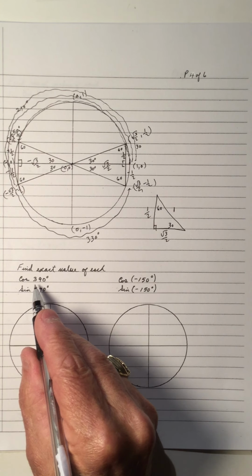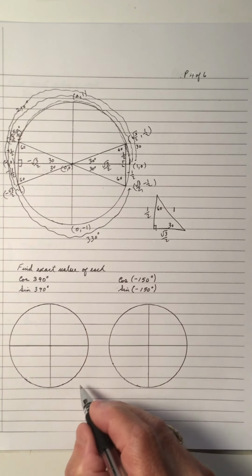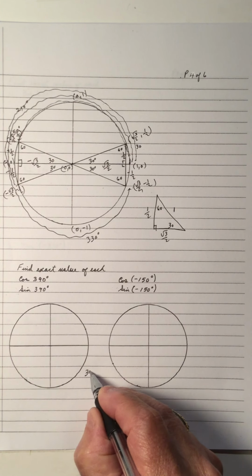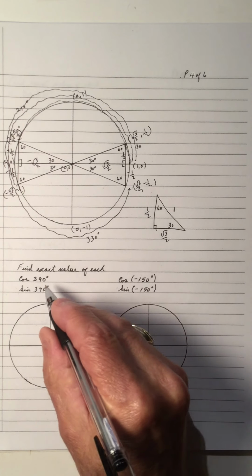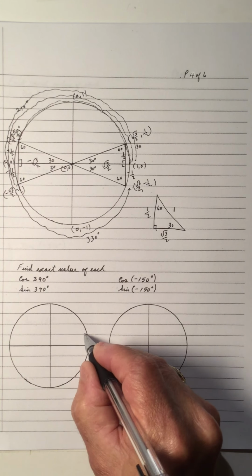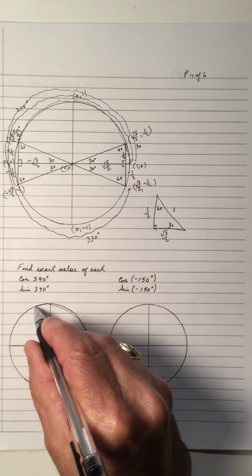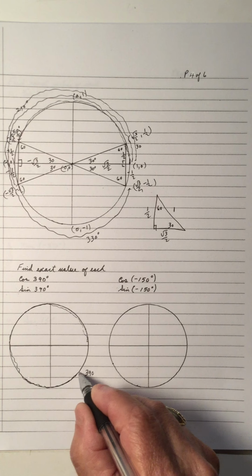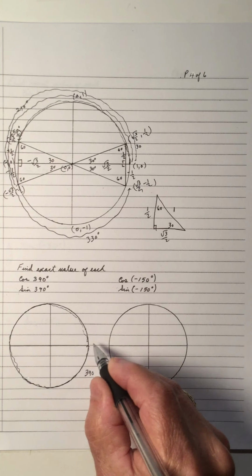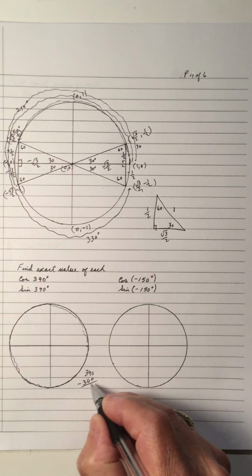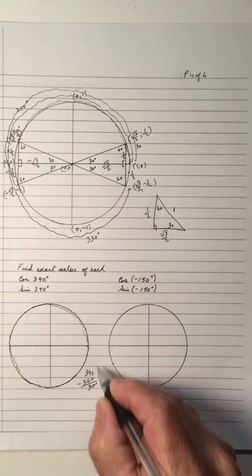What about 360 degrees, or 390 degrees? This is the rotation right here. You go all the way around, plus you go 30 more, because 360 off leaves 30 degrees.